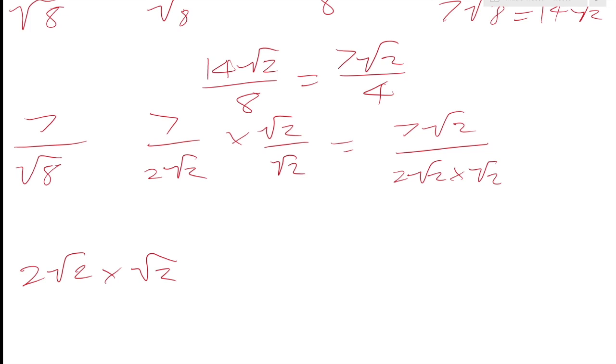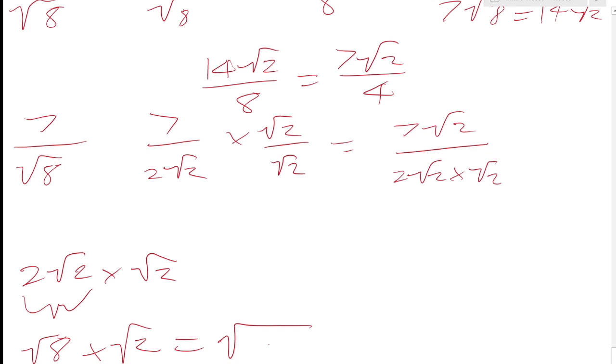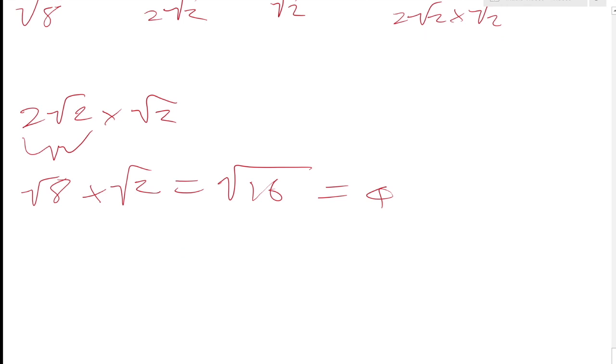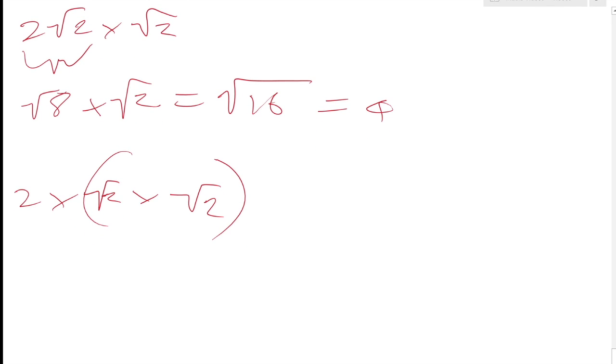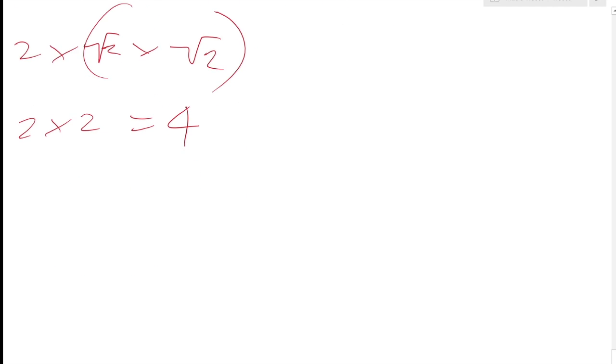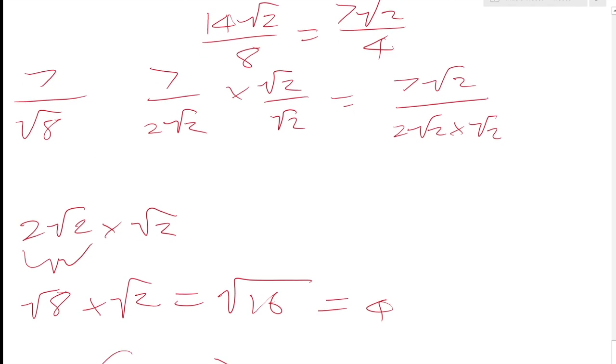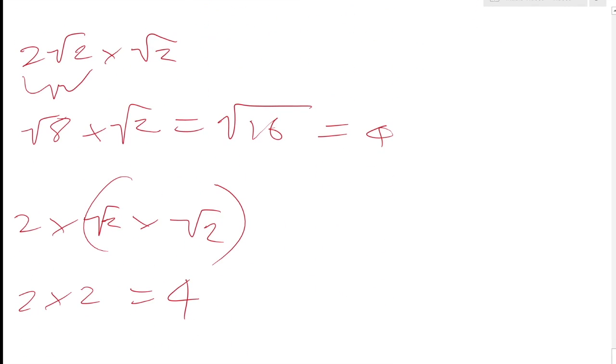We can either convert the 2 root 2 back into a root 8 and then multiply through as we've seen before, or we can just know that it's 2 times root 2 times root 2, and because multiplication is commutative, we can consider the surd multiplication first, which is just 2 times, obviously root 2 times root 2 is 2, which still equals 4. As a general rule, whenever you're manipulating surds, you always want to simplify them first.